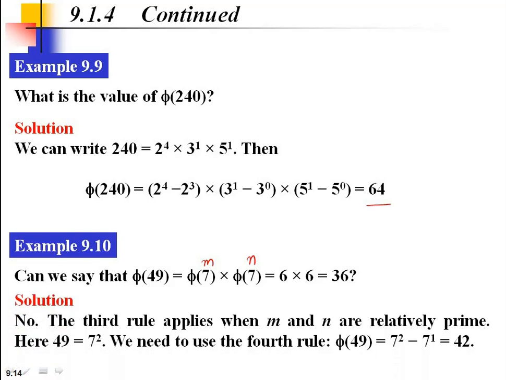The third rule applies only when m and n are relatively prime, so we need to apply the fourth rule. We can write 49 as 7 to the power 2, and since 7 is a prime number, phi of 49 is 7 to the power 2 minus 7 to the power 1, that is equal to 42. This will be the correct answer.